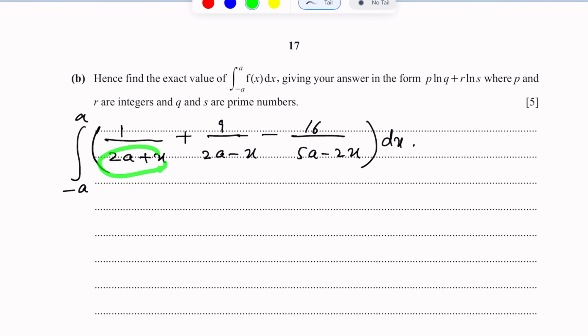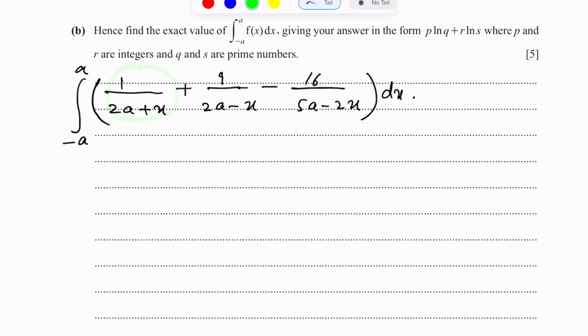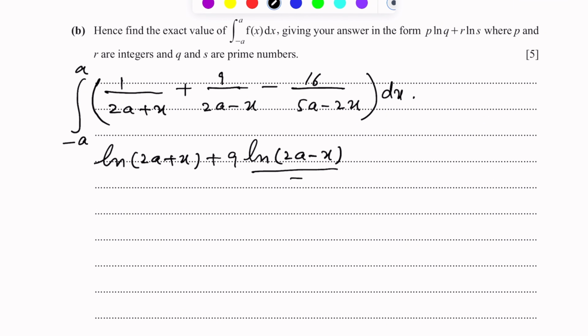Since the denominators are linear in all three terms, we will use log here. The integration of the first fraction will be log(2a + x). The integration of the next term will be 9 log(2a - x) over -1. Where does this over -1 come from? We take the derivative of 2a - x and divide by it. Its derivative is -1, because a is a constant but x is a variable, so its differentiation is -1, and we write it in the denominator.